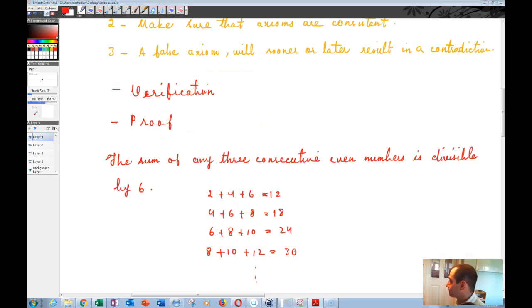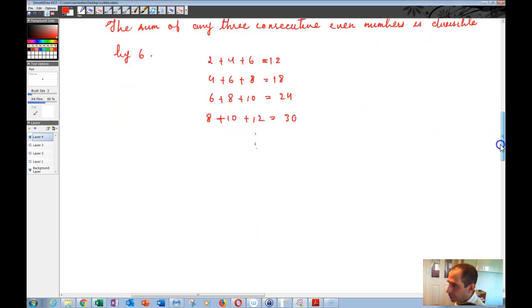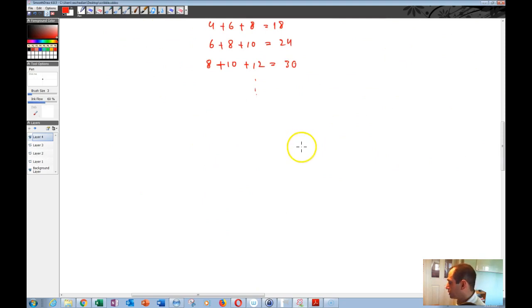Okay, so even if you take a look at mathematics books related to, for example, 6th grade or 7th grade, over there you cannot really find any proofs, but there is all verification.